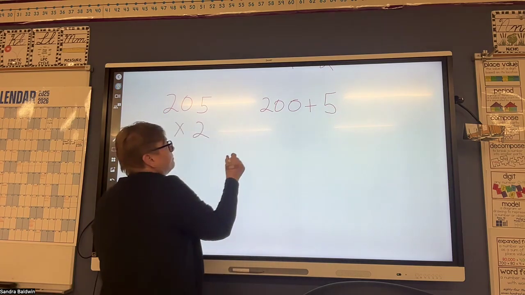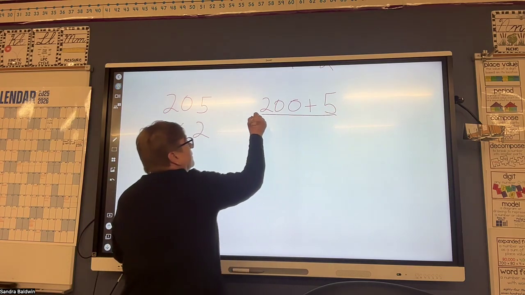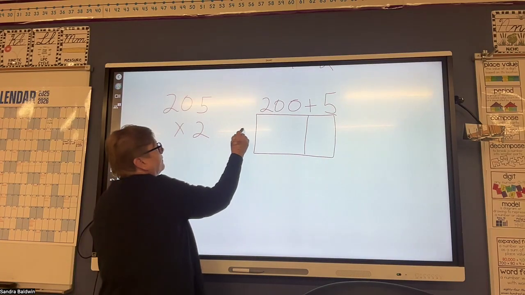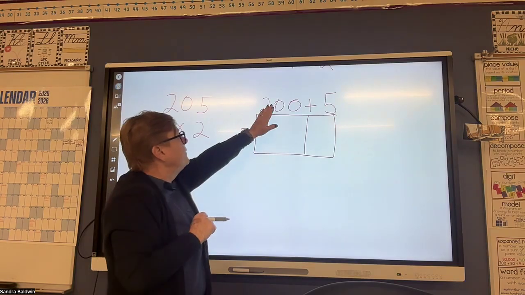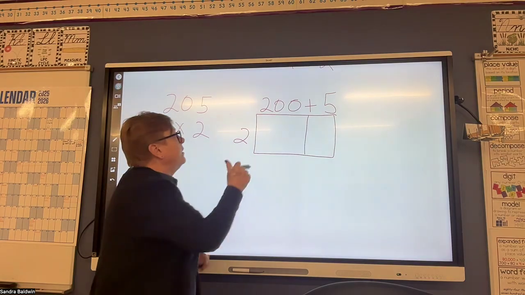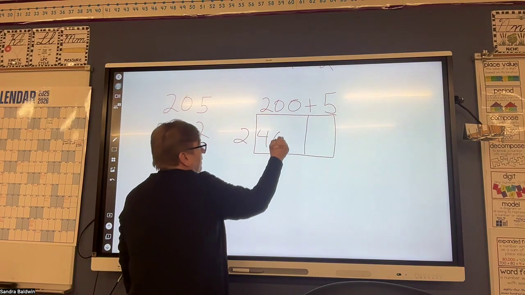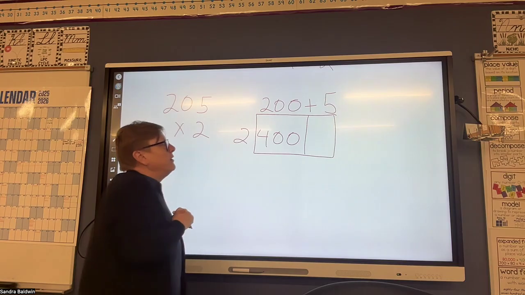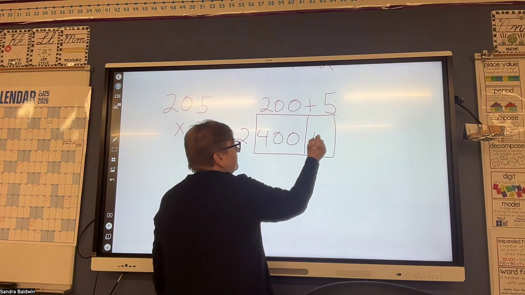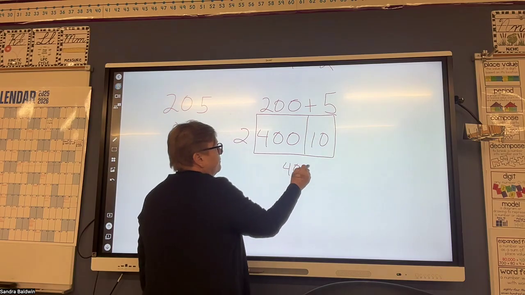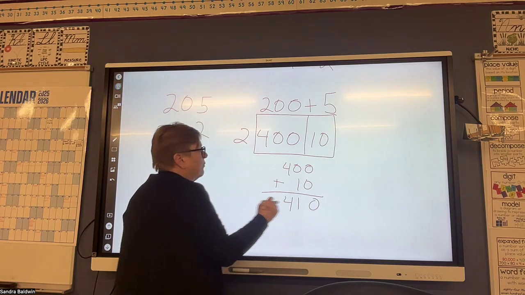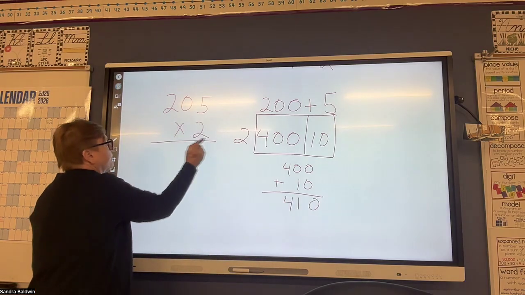There are no 10s. I'm multiplying each value by 2. 200 times 2 is 400, because 2 times 2 is 4, and then the zeros for the 100. 5 times 2 is 10. If I add 400 plus 10, it will be 410.